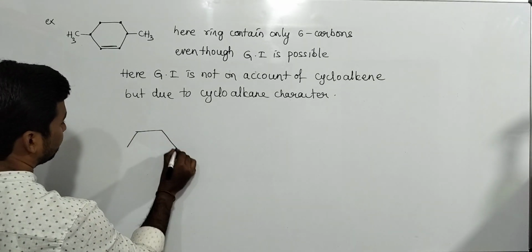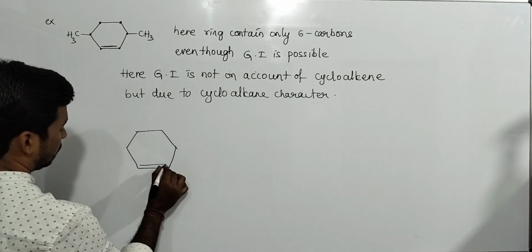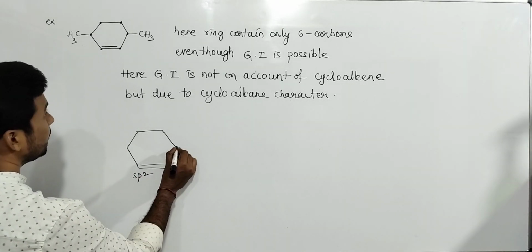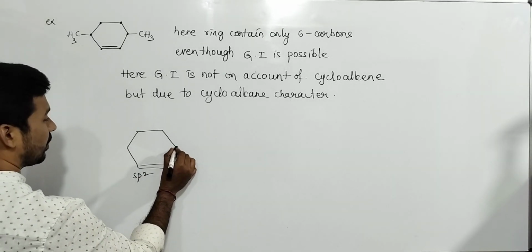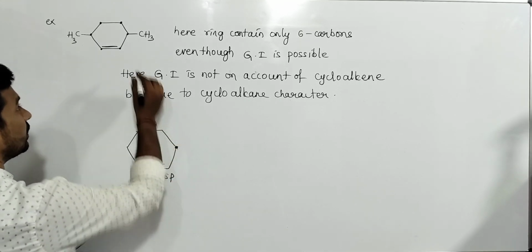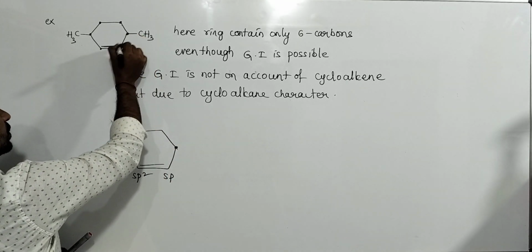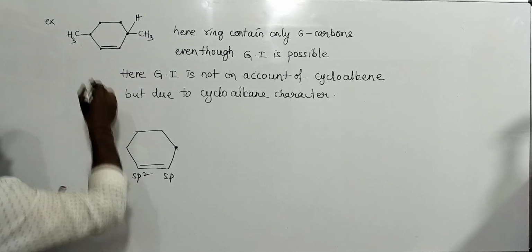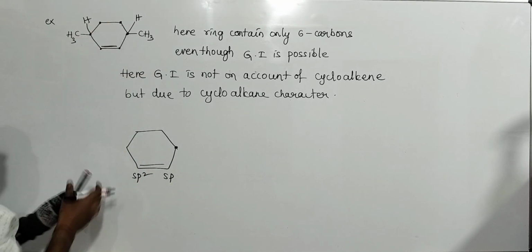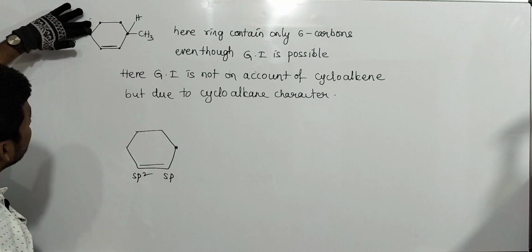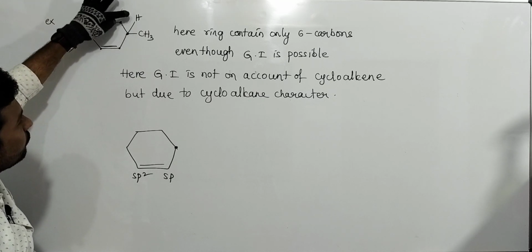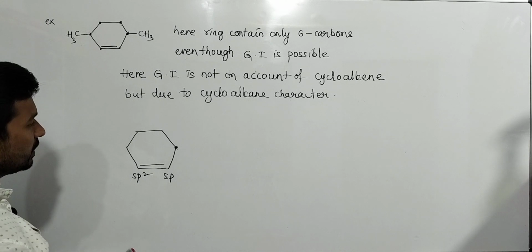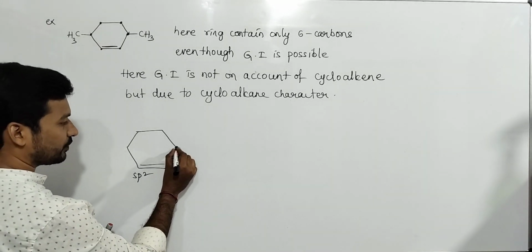See this. Which carbon is this? sp2, planar. But if you see this, what is it? sp3 carbon, one hydrogen, the other is methyl. Is this sp3 or not? 1 bond, 2 bond, 3 bond, the other is hydrogen. So 1, 2, 3, 4 sigma bonds means sp3. sp3 means not planar.